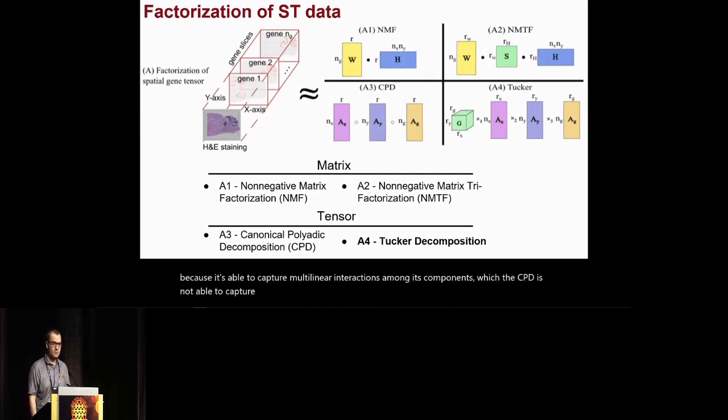And it's also not been applied to spatial transcriptomics data before. So what we wanted to do was use a Tucker decomposition to develop a model that can find a low-level representation of the data that also captures biologically important spatial structures inherent to the ST data, while also preserving the natural high-order structure.